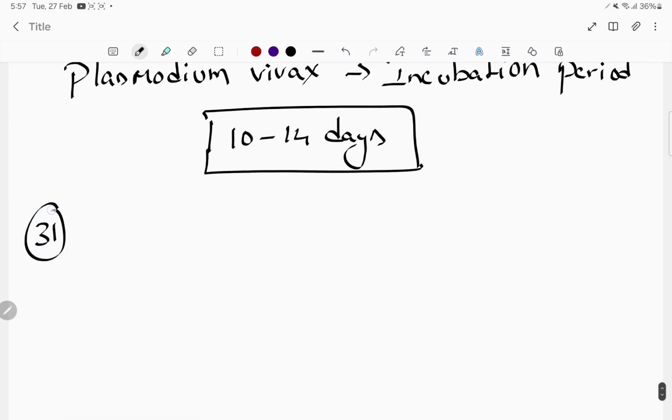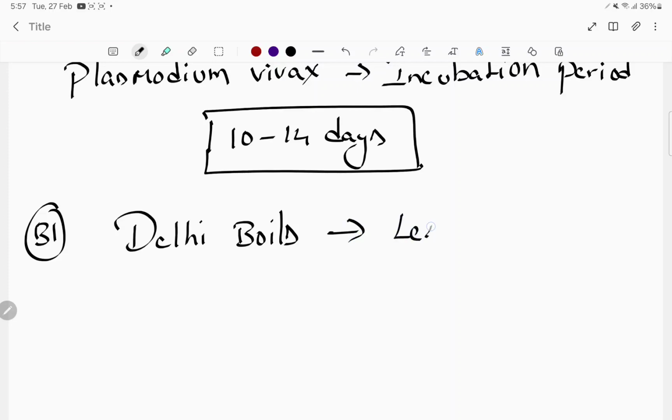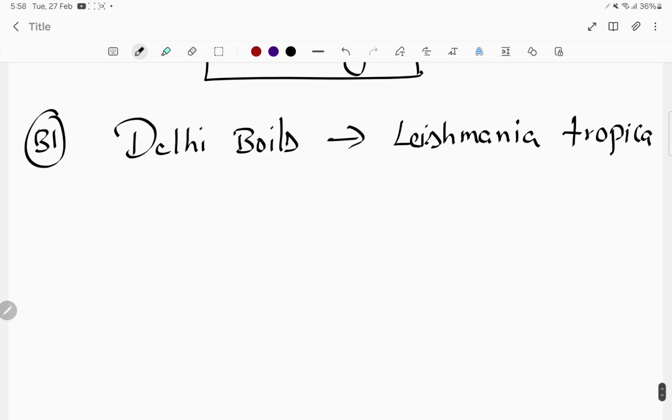Delhi boil is caused by Leishmania tropica. Asymptomatic cyst passes with reference to parasites such as Entamoeba histolytica.